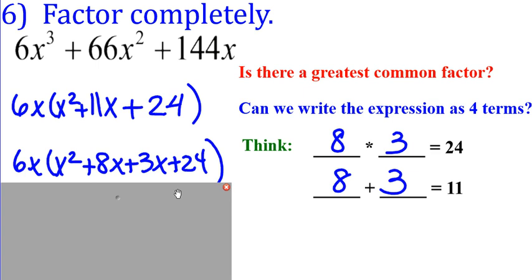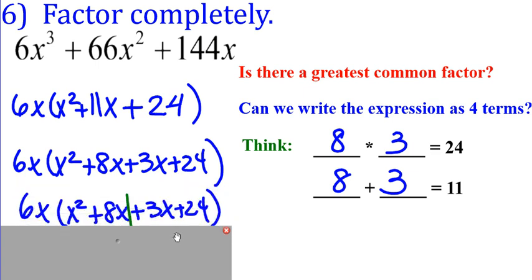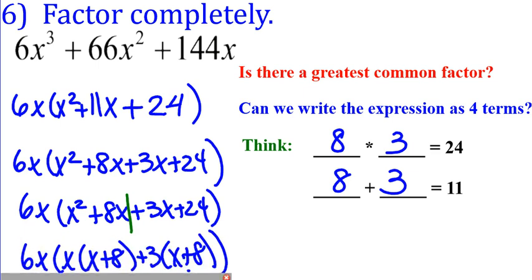Again, we like having the 4 terms because we can split them into pairs and divide out what they have in common. The first pair has an x in common, so I could rewrite that as x times x plus 8. The second pair has a 3 in common, so I could write that as 3 times x plus 8. Therefore, we're checking again, are they being multiplied by the same amount?